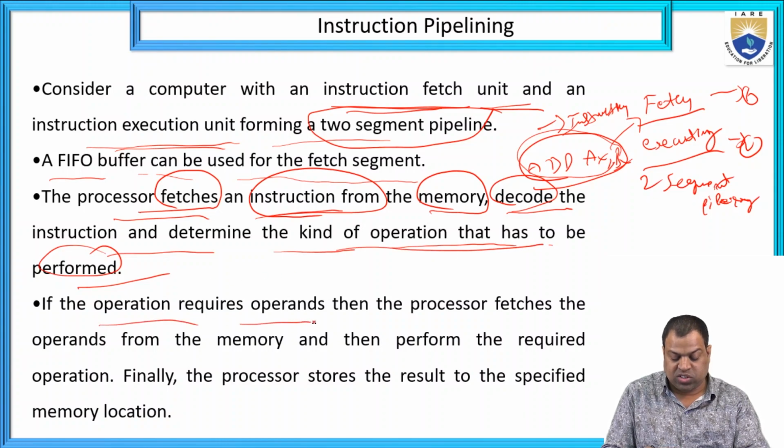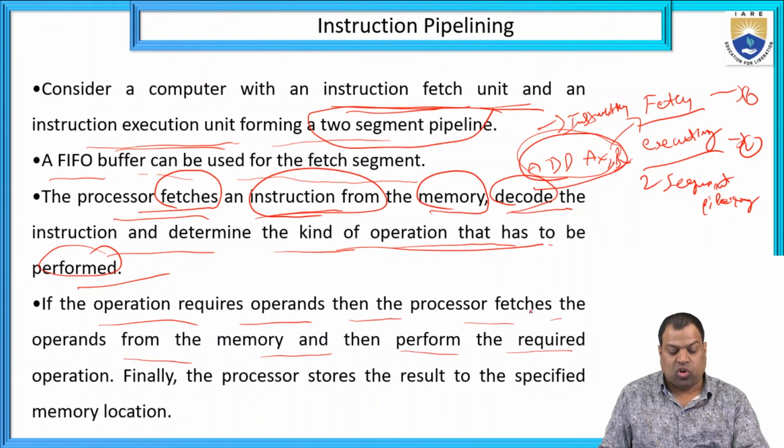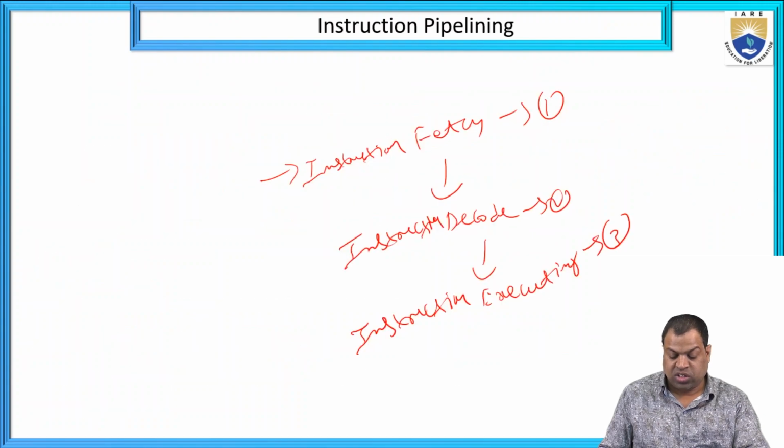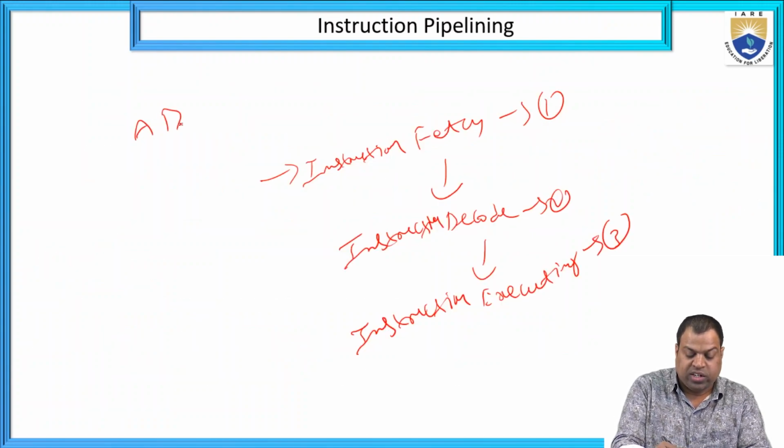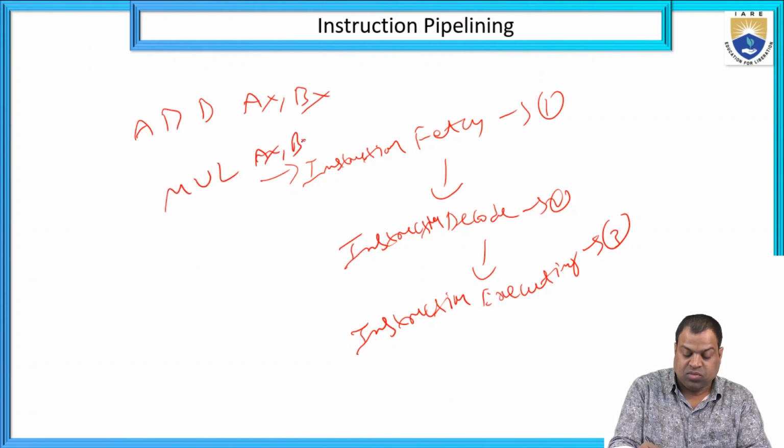If the operation requires operands, then the processor fetches the operands from the memory and then performs the required operation. Finally, the processor stores the result to the specified memory location. So if I go for add ax comma bx, and mul ax comma bx, how are we doing it?